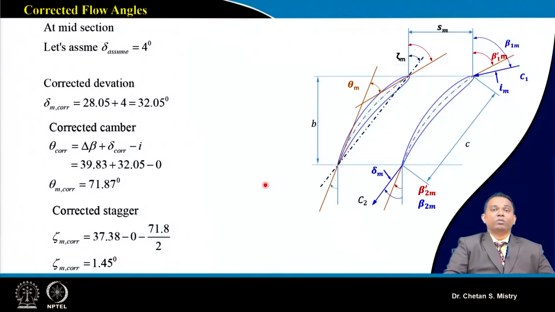Now we have discussed the corrected flow angles. Here also, in order to have a similar discussion in terms of my deviation angle, we have discussed what we will be getting using the computational method or computational analysis. Accordingly, we need to modify our deviation angle. So let's assume the deviation angle to be 4 degrees.